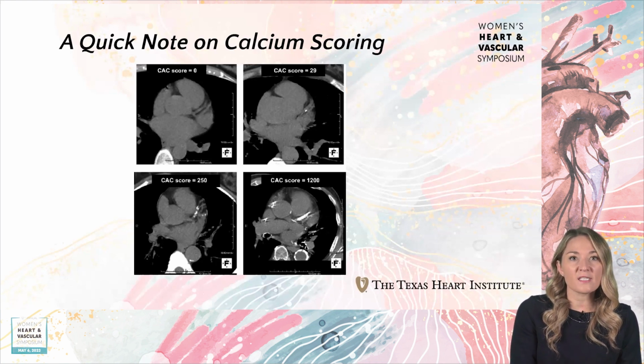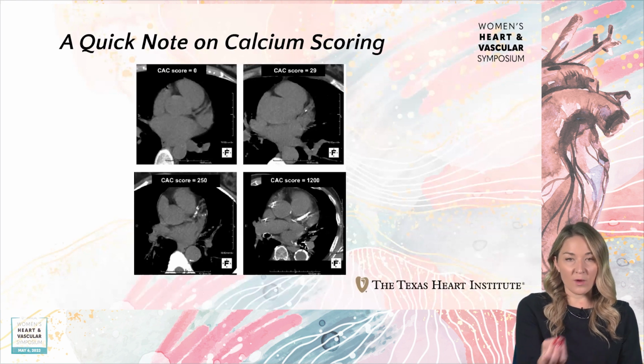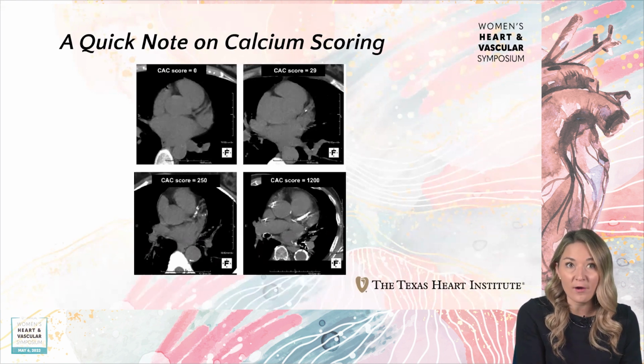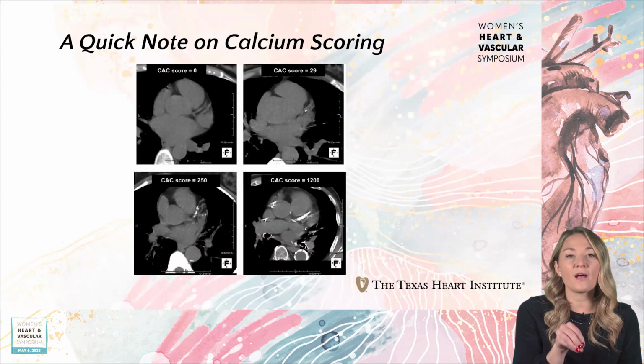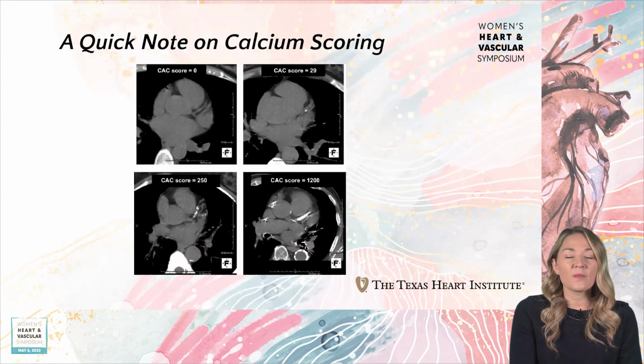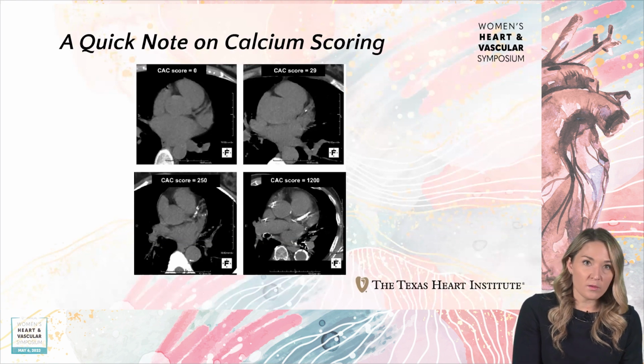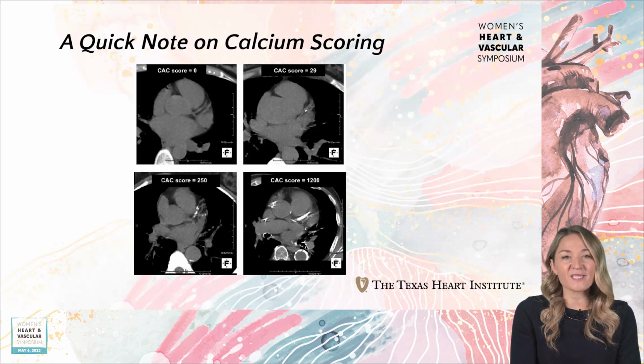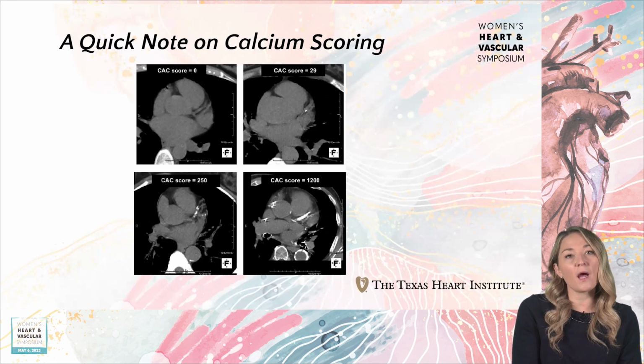Once you're identified as having calcium, you have, quote unquote, some plaque in your arteries, because calcium in the heart arteries marks areas of plaque. So that calcified area is a site for plaque. As the calcium scores go higher, a perfect score is 0. Everyone wants a 0. But as they increase, that portends a higher risk for major adverse cardiac events long term.